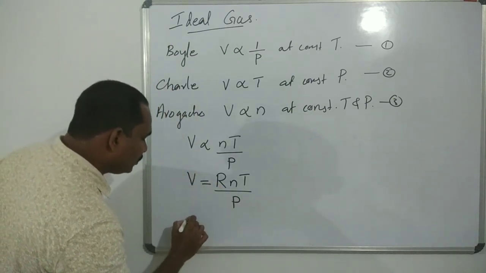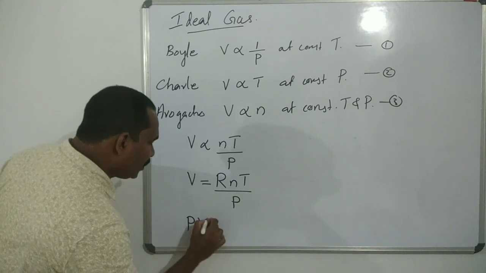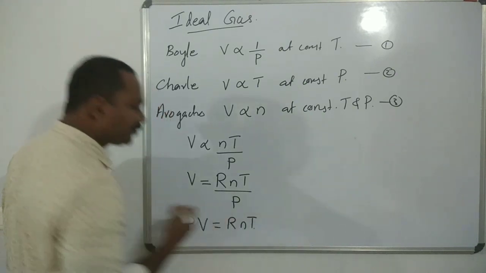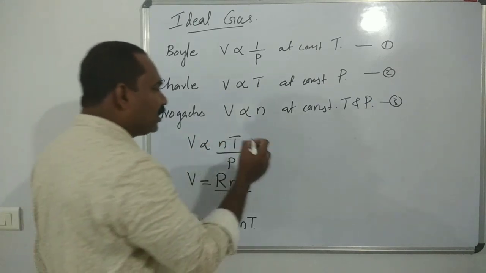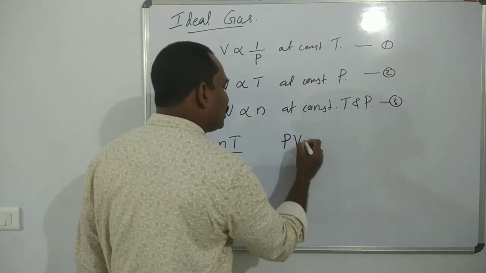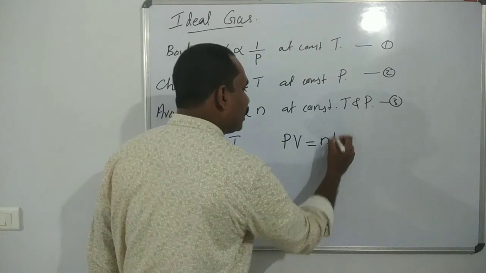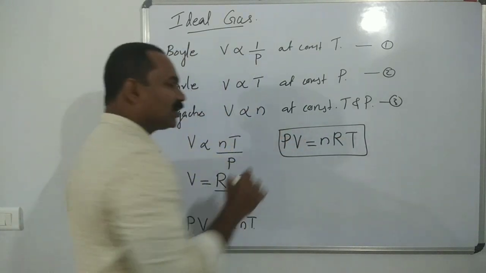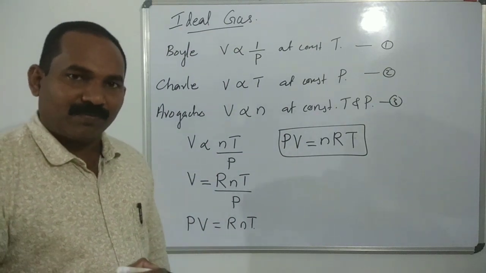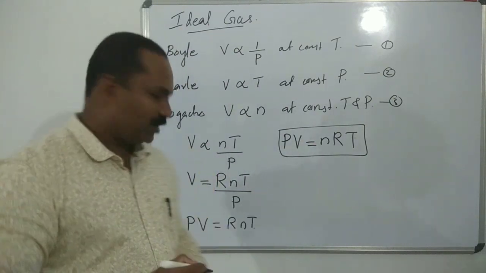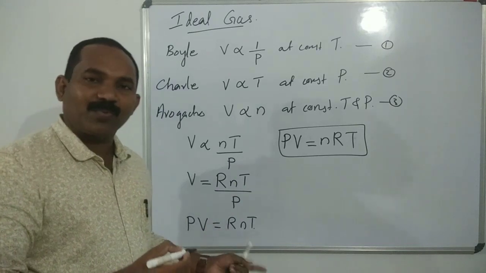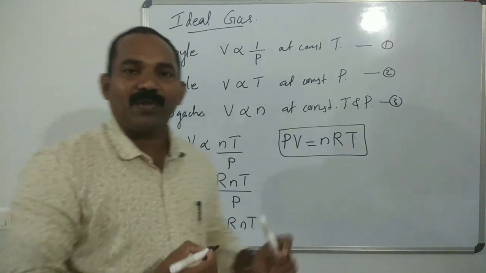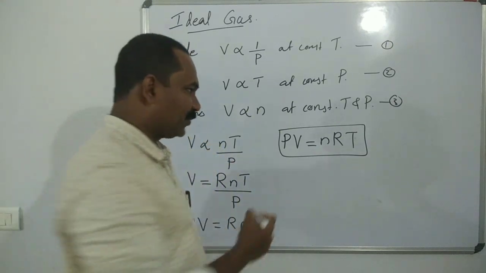Rearranging the equation, PV is equal to RnT. Again, PV is equal to nRT. PV is equal to RnT, no problem, but for a rhythmic saying, PV is equal to nRT.